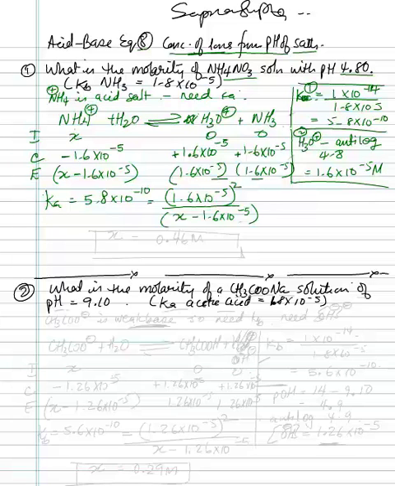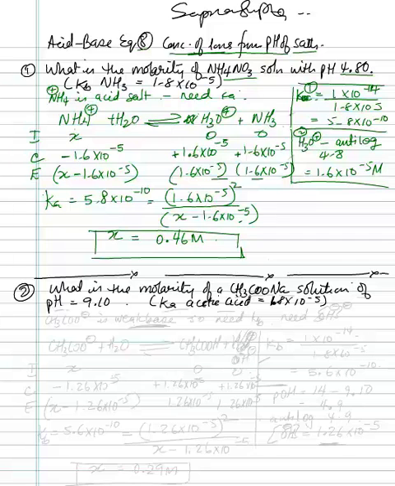X is the concentration of the ammonium ion. So our X turns out to be 0.46 molar. Go ahead and do the calculation on your own and see if you get the same answer. That is how you would calculate the molarity.